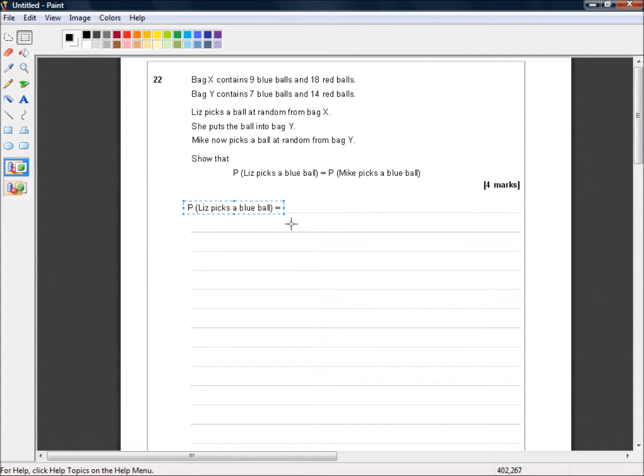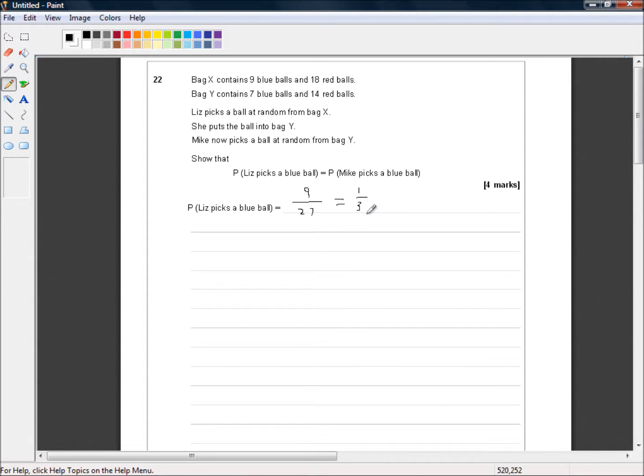So the probability that Liz picks a blue ball is simply the 9 balls that are blue out of the total number of balls, which is 9 plus 18 equals 27, which cancels down to 1 in 3, which is obvious from our 9 times table.